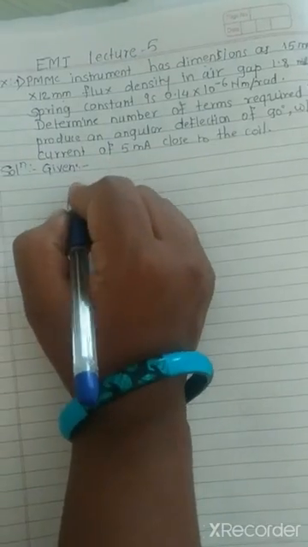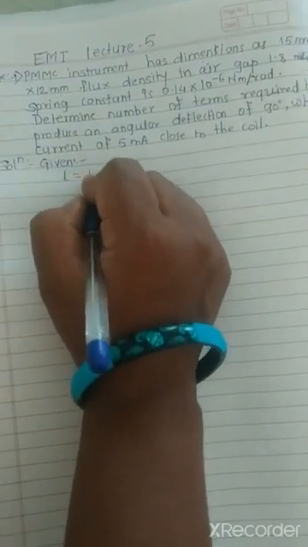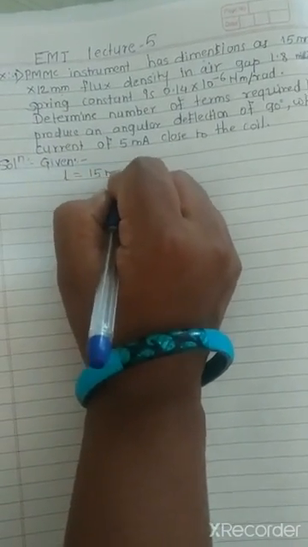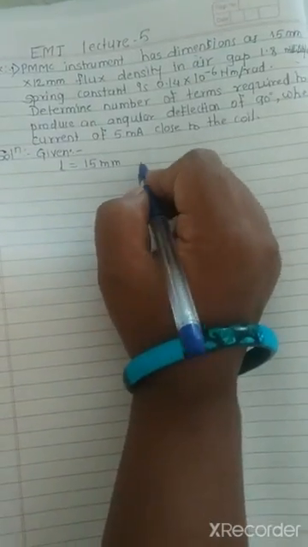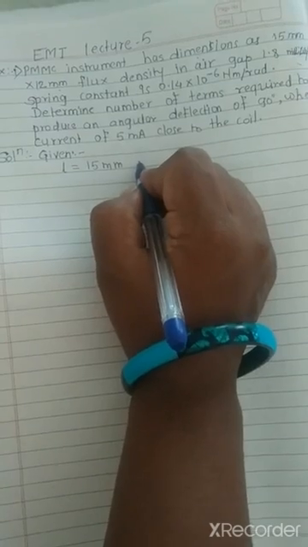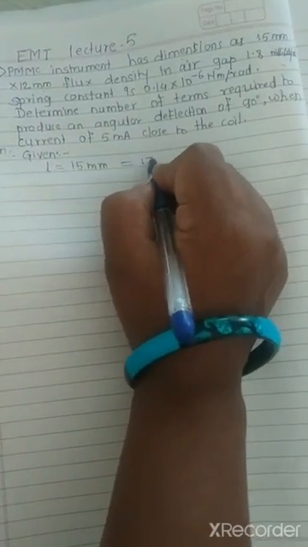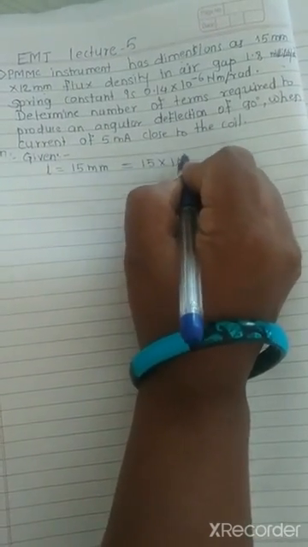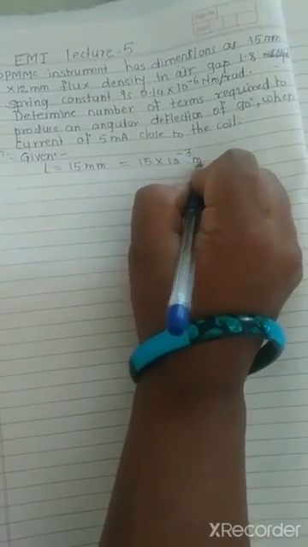Hence given L is equal to 50 mm. Convert it into standard unit, that is meter. It is equal to 50 into 10 raised to power minus 3 meter.